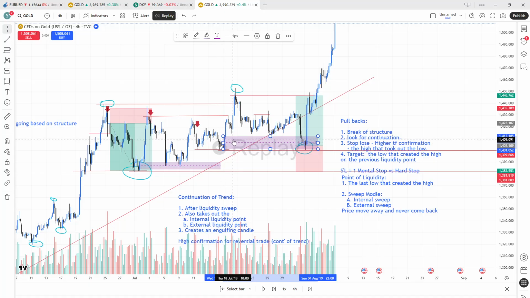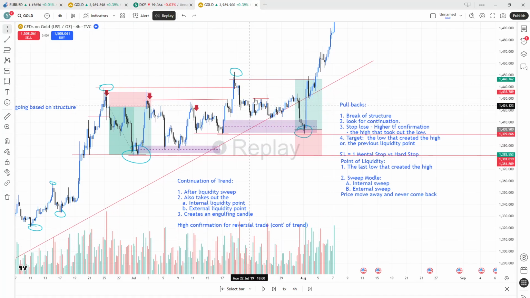Because we have this area where institutional players already have their buy orders, meant to push price higher, but they haven't been filled at all. So that's why these are just manipulation.